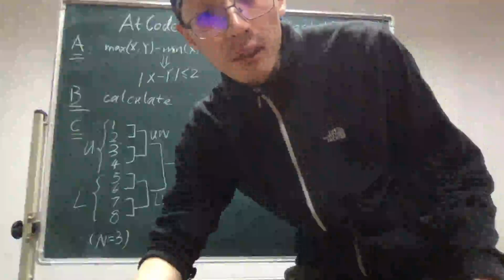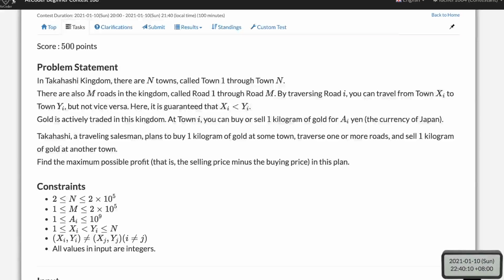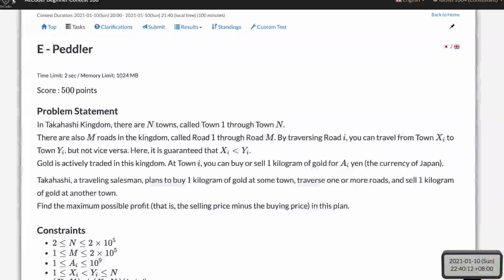Okay. Now let's go to problem E, Pedal. So in this problem, we have n terms and m rows, so that means we have a graph.